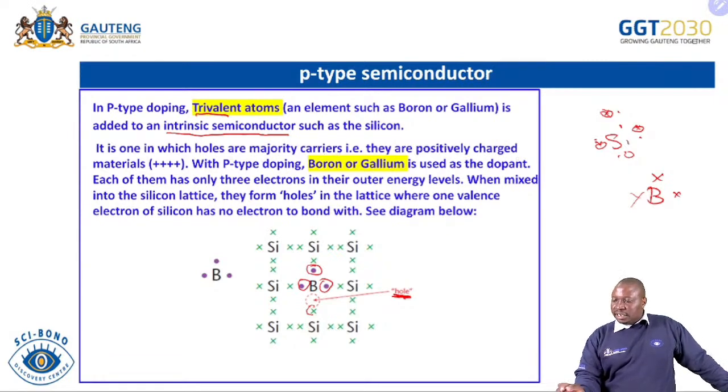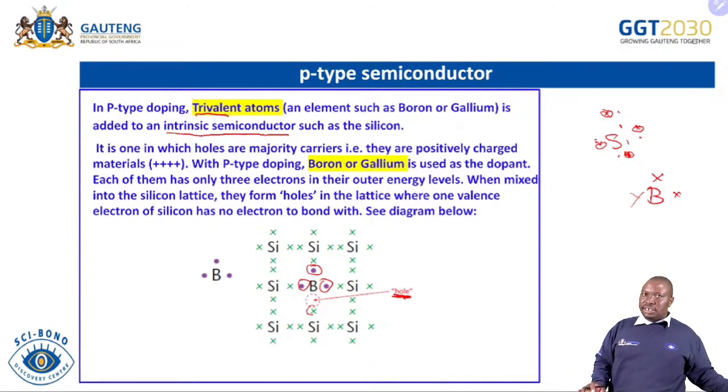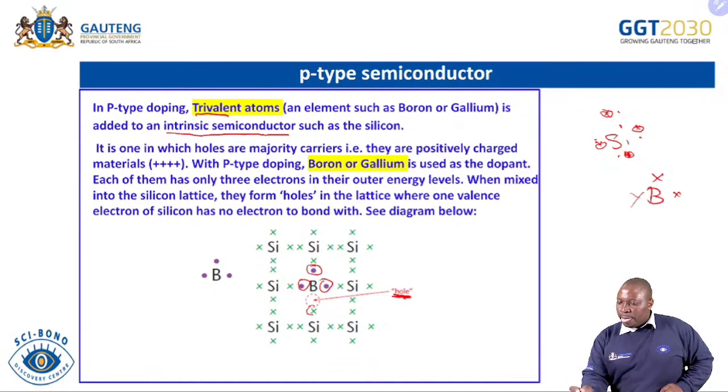They are positively charged. Remember, when you are running short of electrons, it's a positive charge there. So these holes of ours, they are positively charged. So this hole that is not having an electron is positively charged, is electron deficient, is running short of electrons. So these holes, hence we are saying because these holes are positively charged.